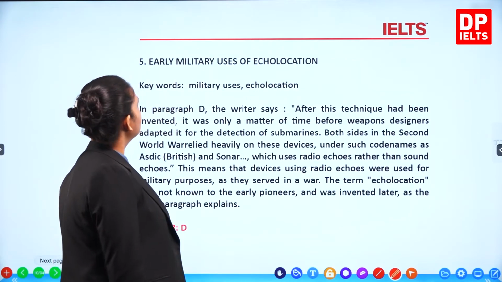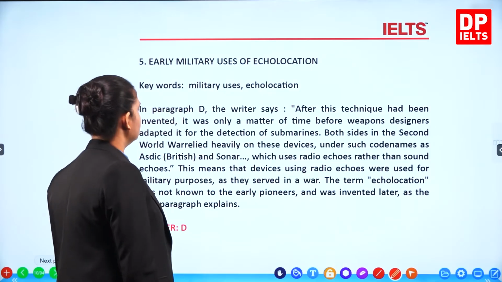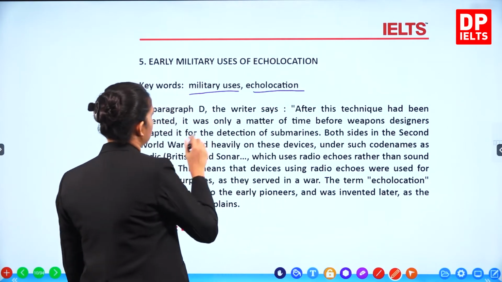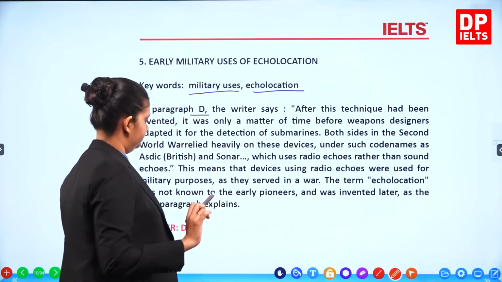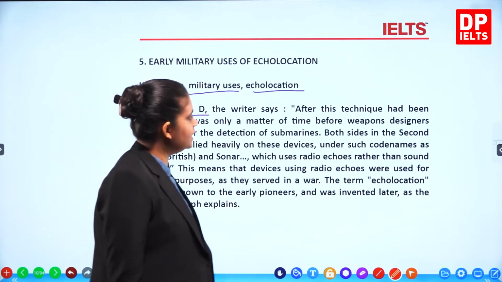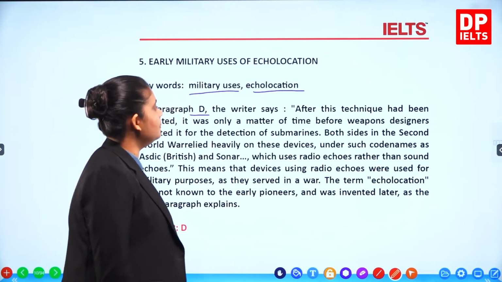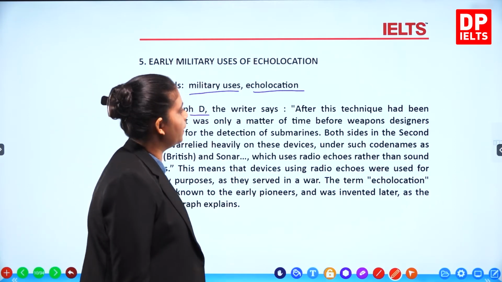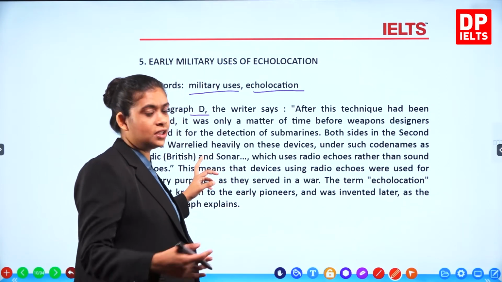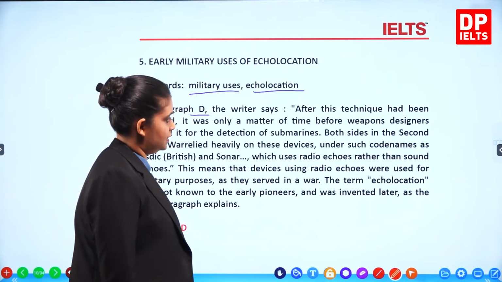5. Early military uses of echolocation, right? So what are the keywords? Military uses, echolocation. So let's have a look at paragraph D. The writer says, after this technique had been invented, it was only a matter of time before weapon designers adapted it, changed it and used it for the detection of submarines.